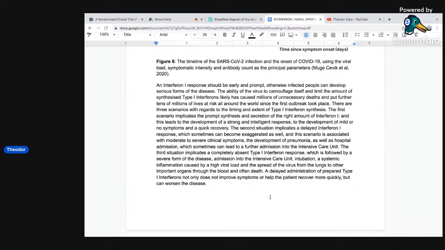Doctors and scientists, my apologies, have been discussing creating nasal sprays that contain type 1 interferons, interferon alpha and interferon beta.